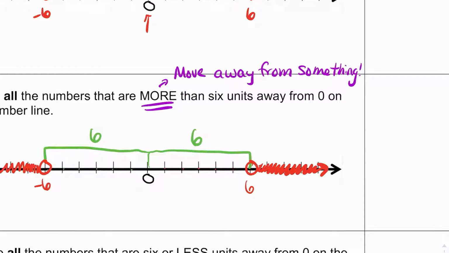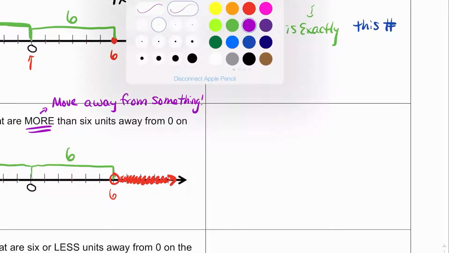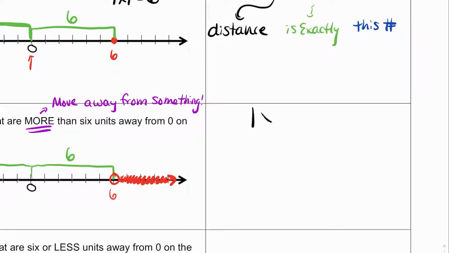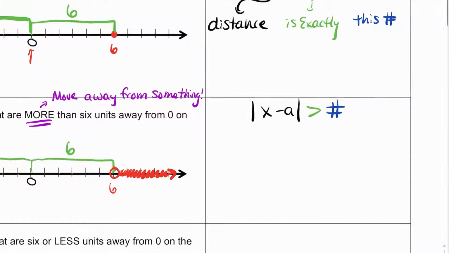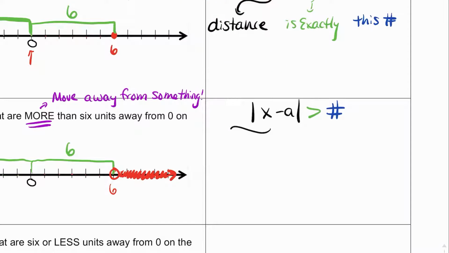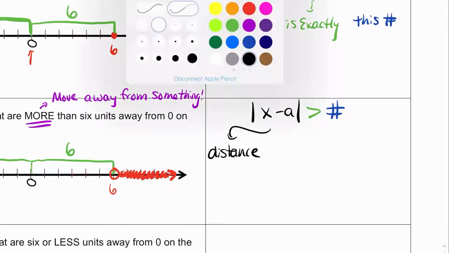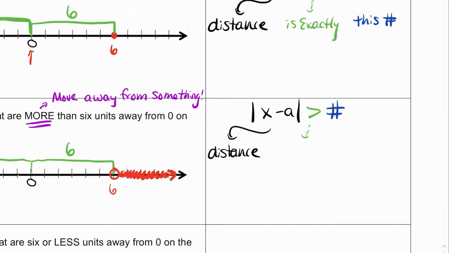So what we can see then is if we were thinking about distance, just any old absolute value, there could be anything inside there. If we see that distance is more than a number, let's first write it as an English sentence. So if our distance, and then that inequality symbol, it says is more than, and that number could be anything, right?